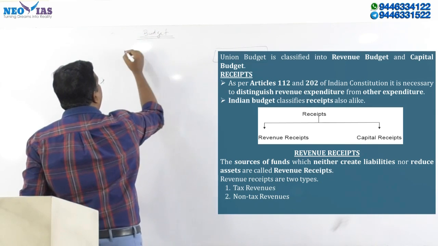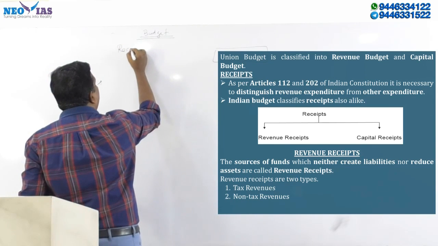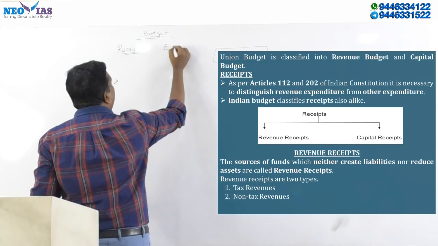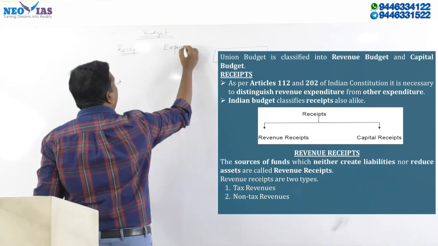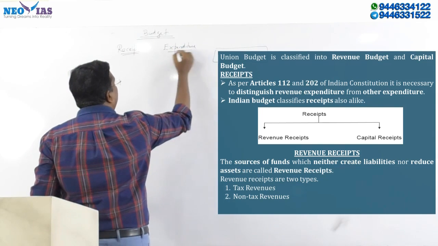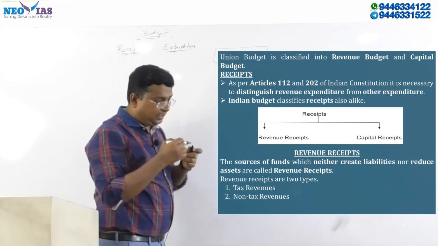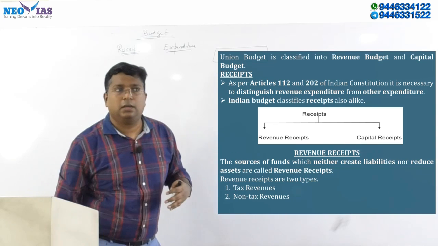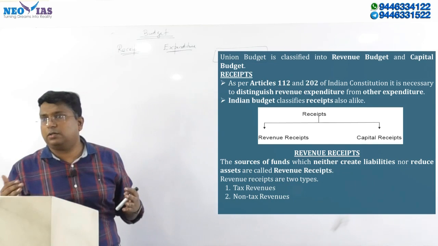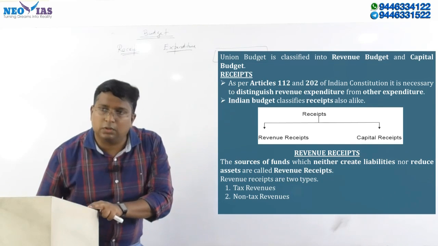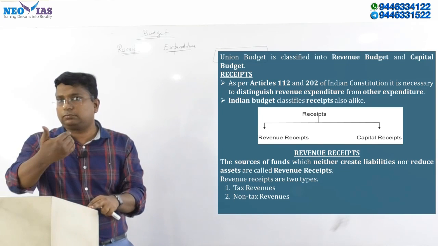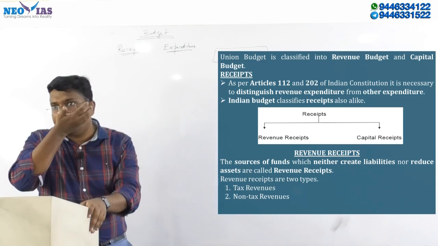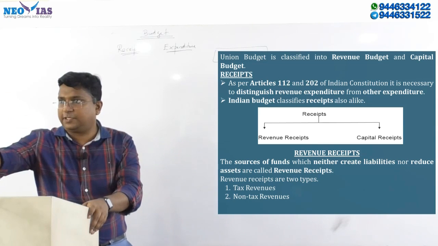there will be a receipt part and an expenditure part. Now just take 10 seconds and imagine that any account, whether it is your personal account also, will have this: a receipt part, where you receive money, and expenditure, which is spending.